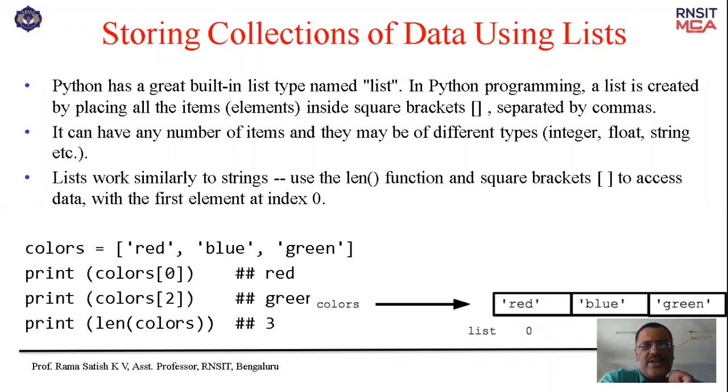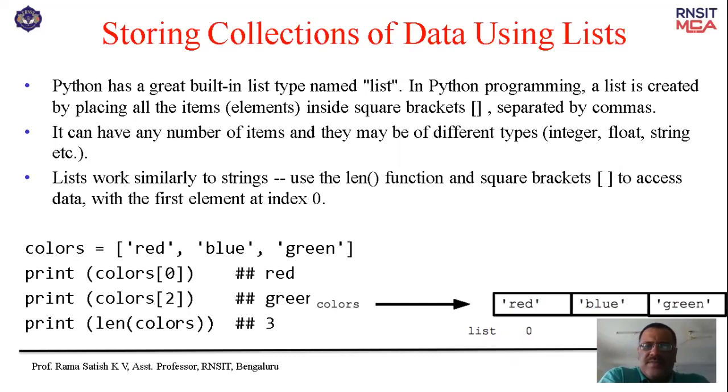So that is what you should understand. And it can have any number of elements. There is no restriction on the number of elements, and they may be of different data types. They may be integers, floats, strings, anything. Even it can contain a list of lists. So that is also possible.